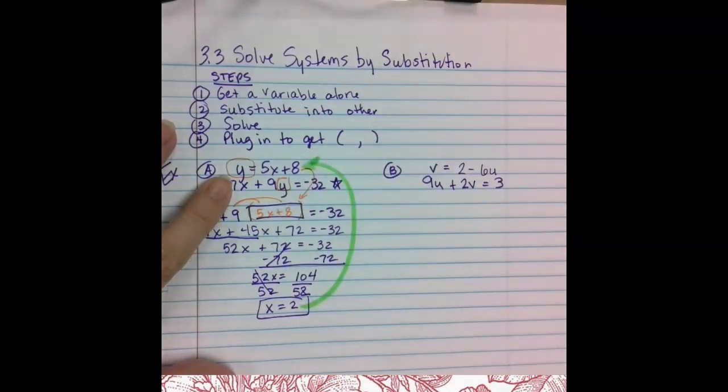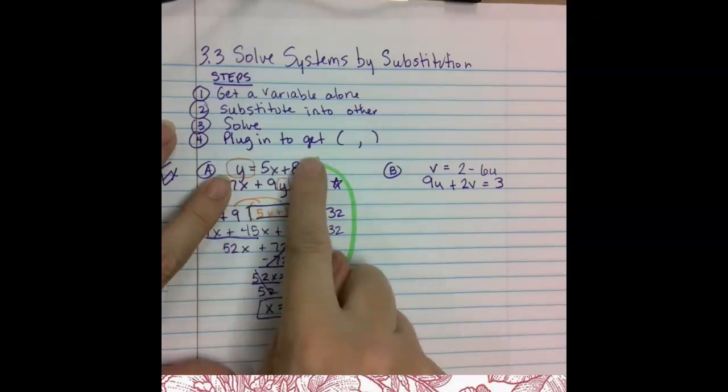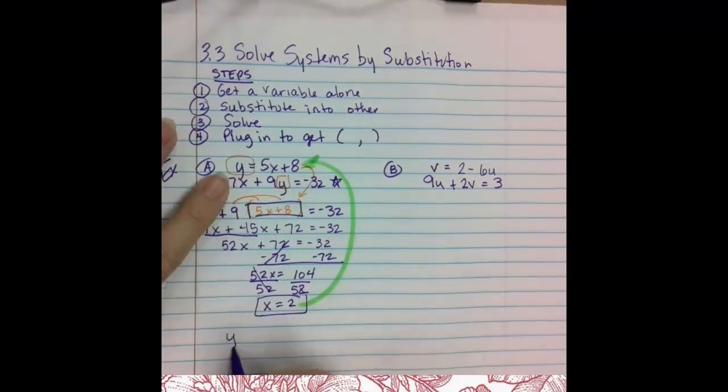I'm putting 2 in for x in this one right here. So y equals 5 times 2 plus 8. 5 times 2 is 10, plus 8 is 18. And my solution is 2, 18.